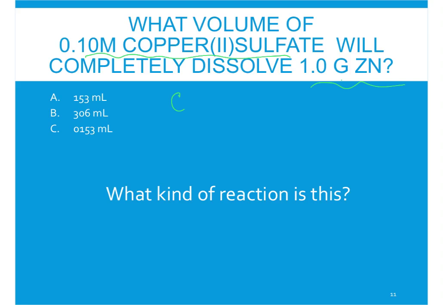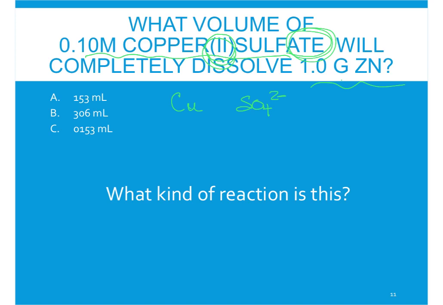Copper sulfate, this is clearly an ionic compound since it has a metal. So copper is Cu, sulfate is a polyatomic. You should know that because it ends in ate or ite. So we're going to look that up if you don't remember. It's SO4 with a -2 charge. Copper, we know it's +2 because of the Roman numeral.